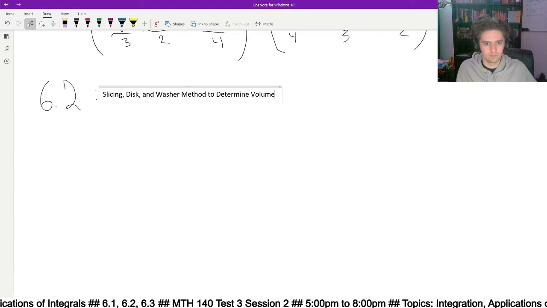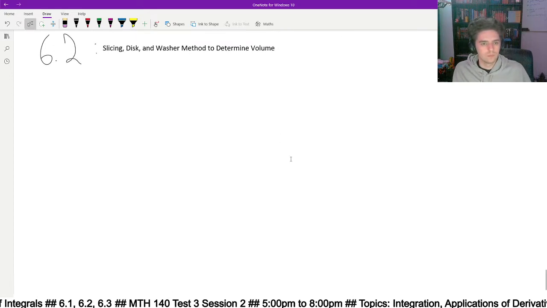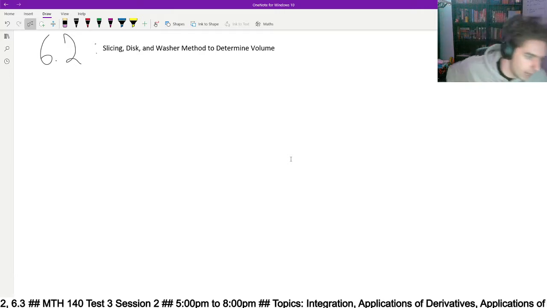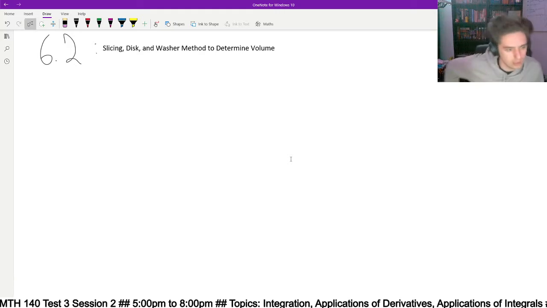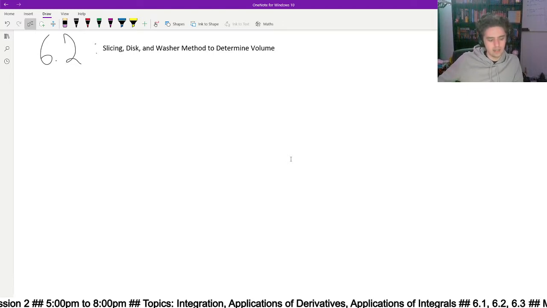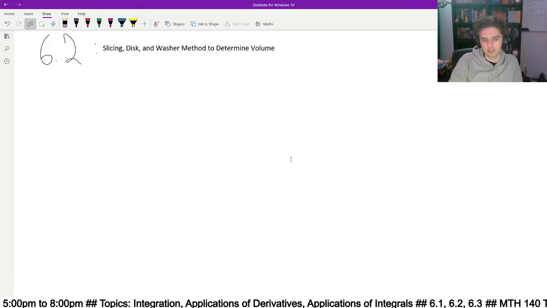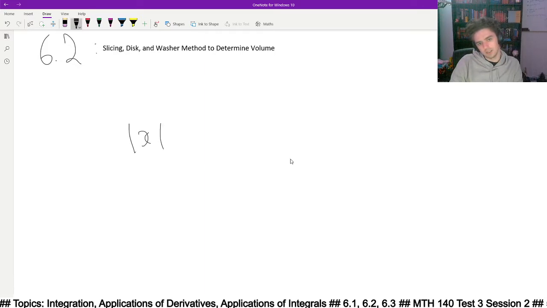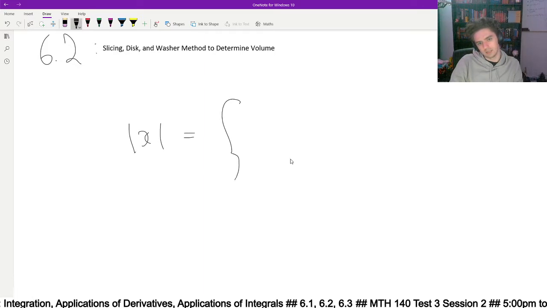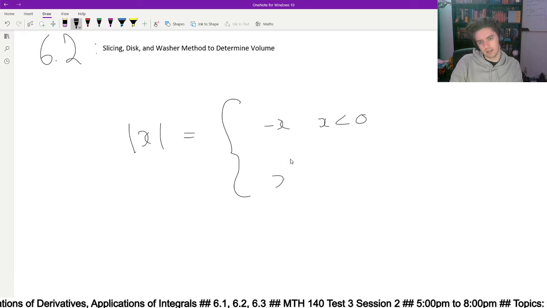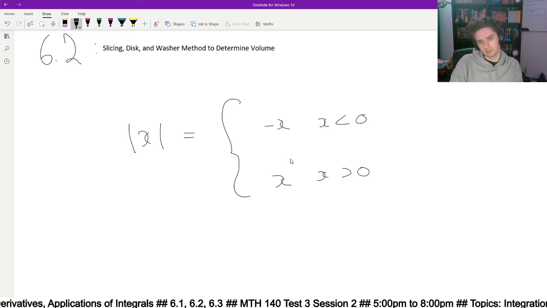Do you guys know if we ever have to integrate an absolute function? Well, you might, and in that case, if you're doing a definite integral of the absolute value function, you need to know if it should be negative x or x. Right, because the absolute value function is defined as negative x if x is less than 0 and x if x is greater than 0.